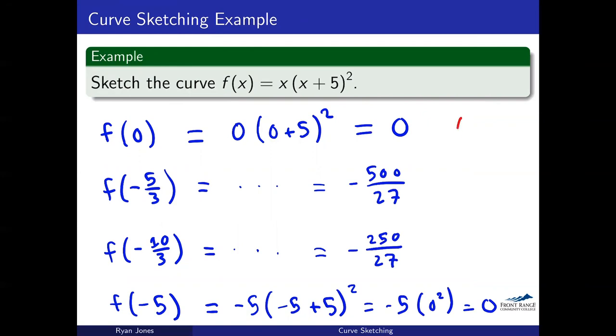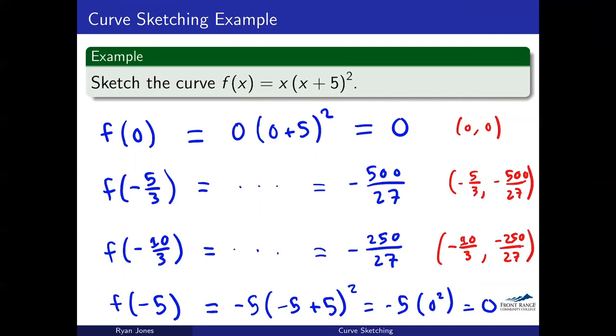And so what we have here is we have 0, 0. We have -5/3, -500 over 27. We have -10/3, -250 over 27, and then squeezing it right in the bottom there, -5 comma 0.